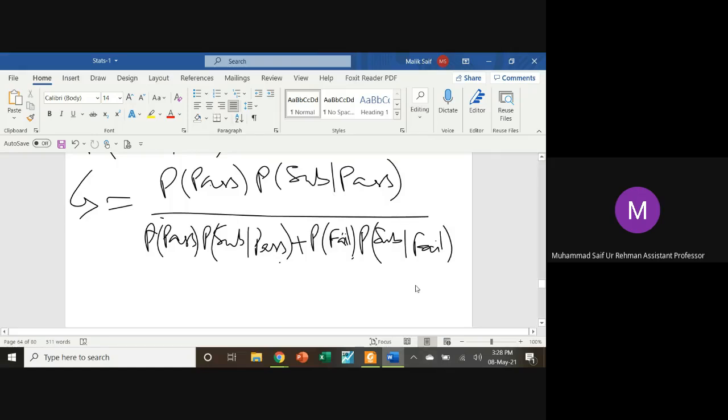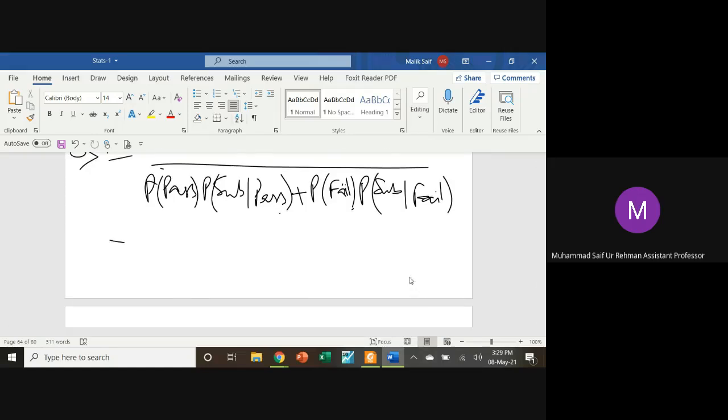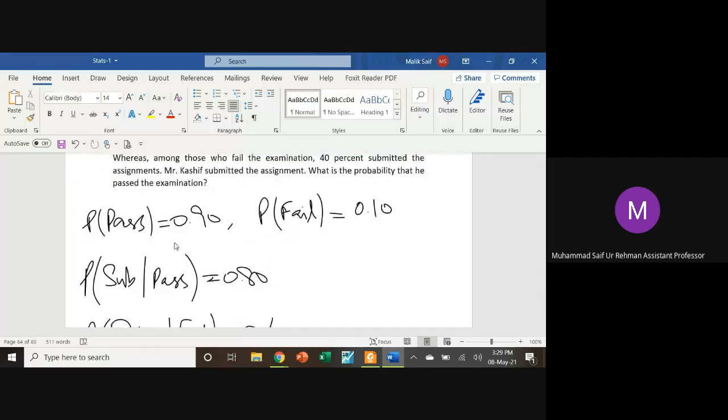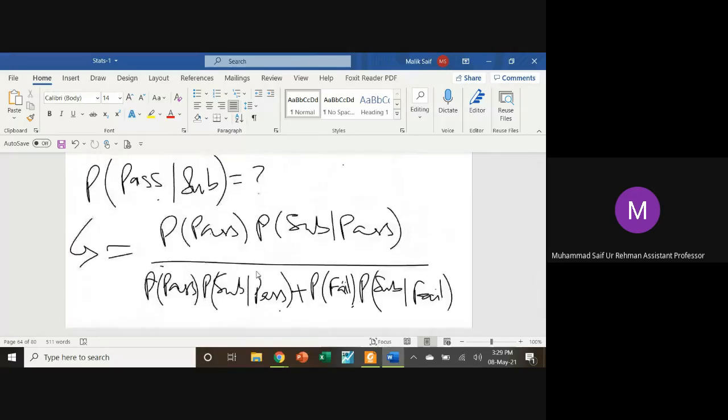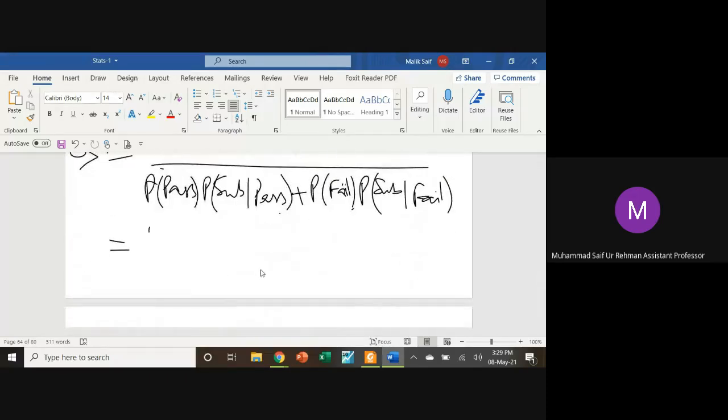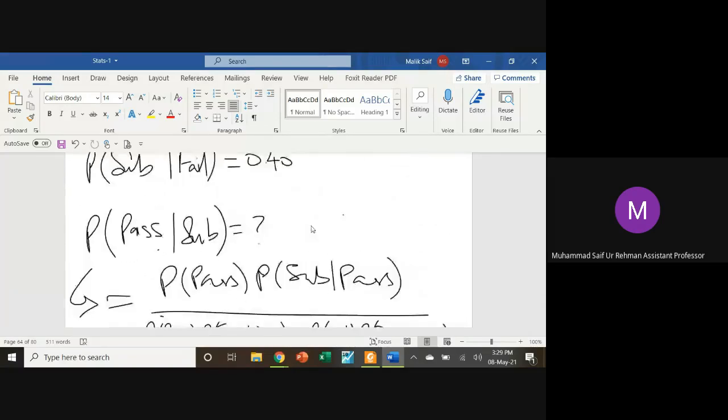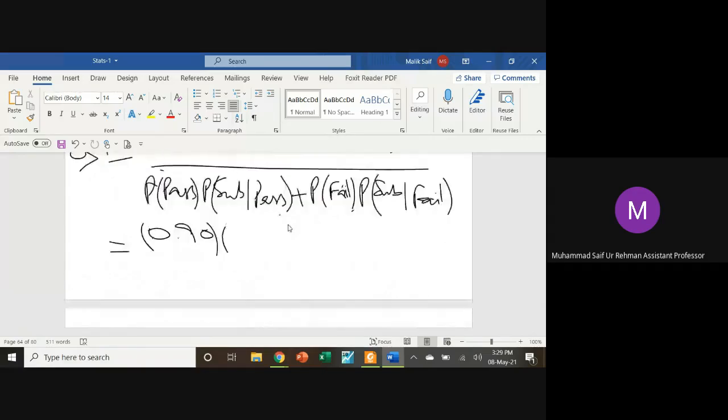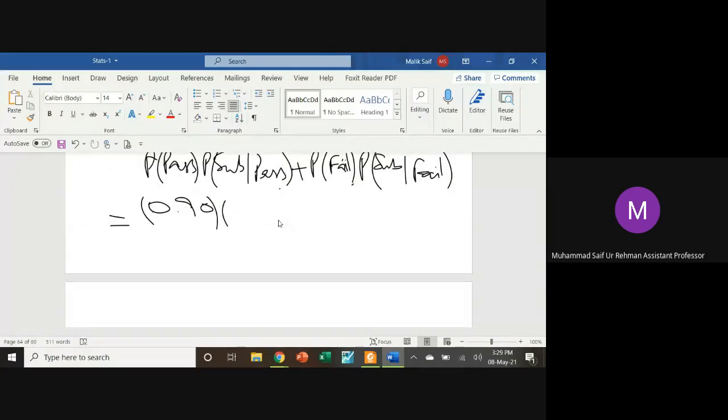Understand? So now you will have all the values that you already have. Basically, you have found them, so write down those values. So the probability of pass is 0.90, multiplied by summation given pass 80%, 0.80.